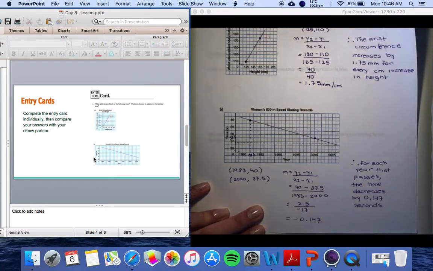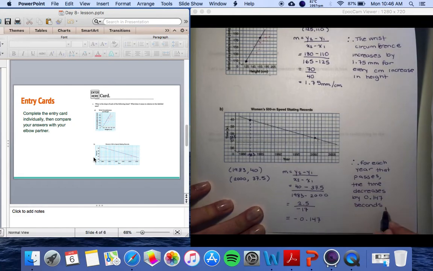Think about it this way: the more years that they are training for these skating records, the faster they will become. Okay, so in other words, for our units here, what we can just say is negative 0.147.